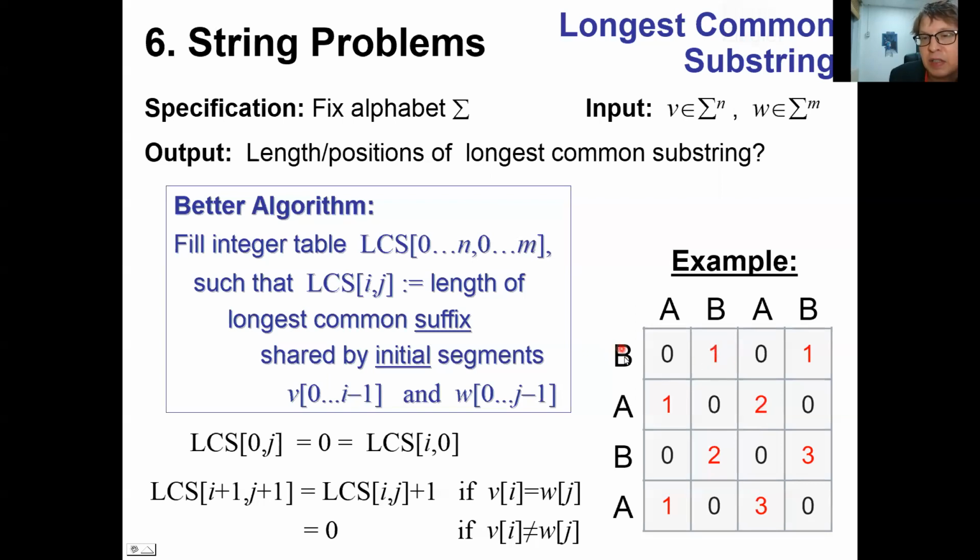The longest common suffix of B and AB is 1. And the next characters, A and A here, agree, right? Here's A and here's A. So that means when we now consider the extended suffixes, ABA here and BA here, then those agree up to length 2, which is longer. Add 1 to this entry. This is what this mathematical statement says.